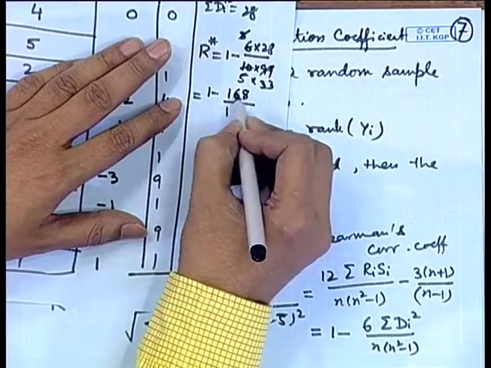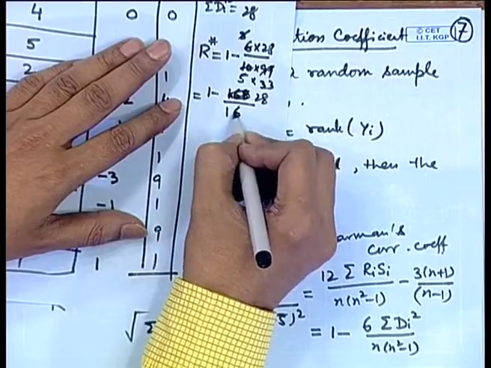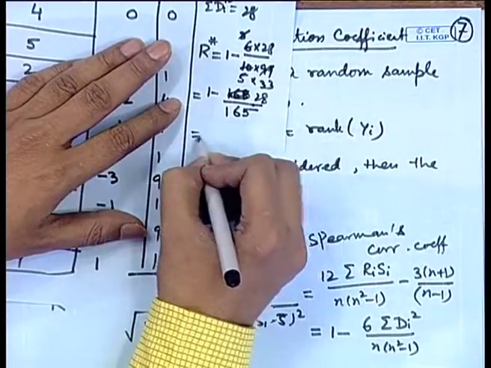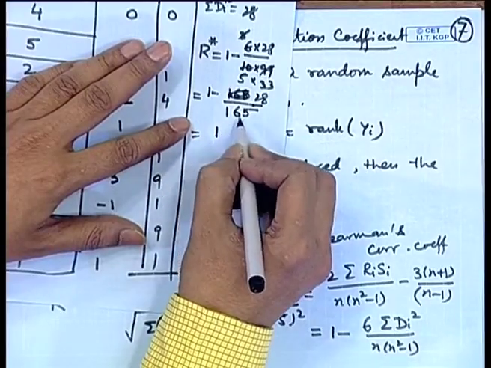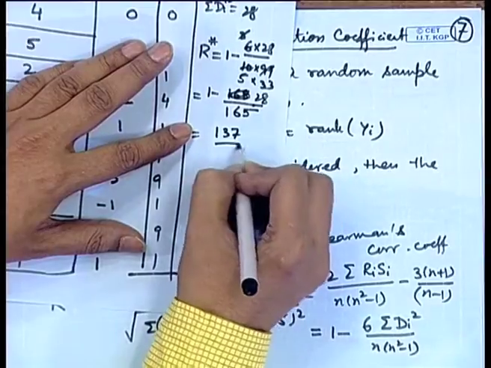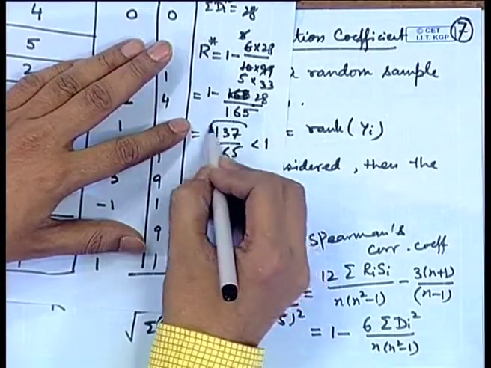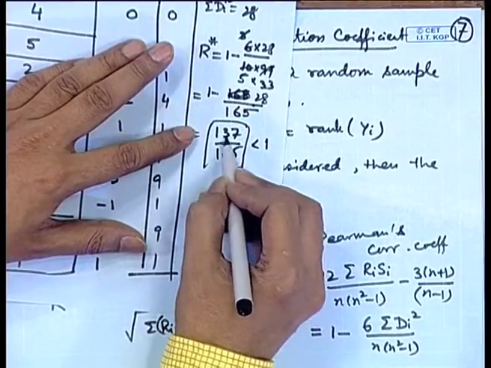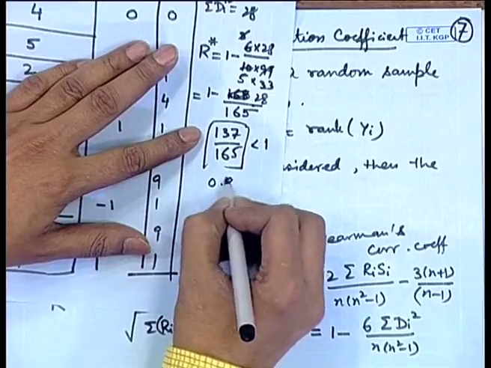I am sorry, this is 28 divided by 165, that is equal to 137 by 165, which is of course less than 1, but if we calculate the actual value, it will be 0.8 approximately.